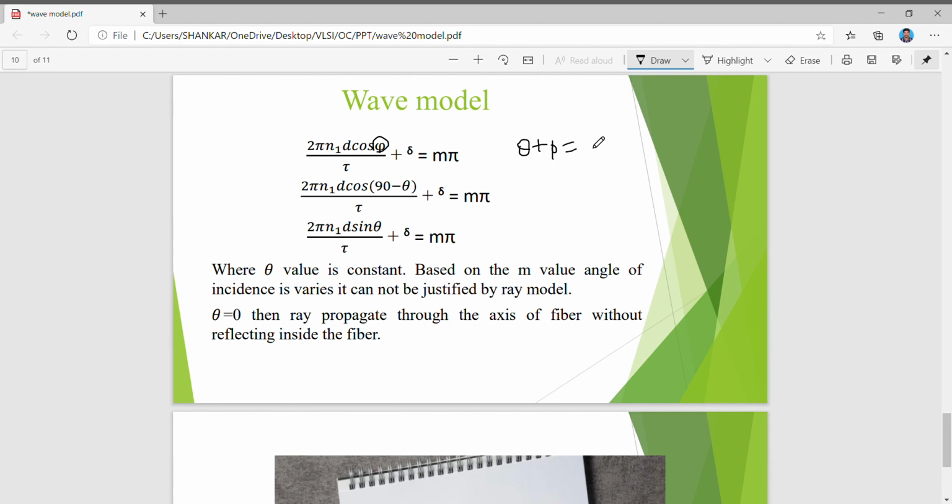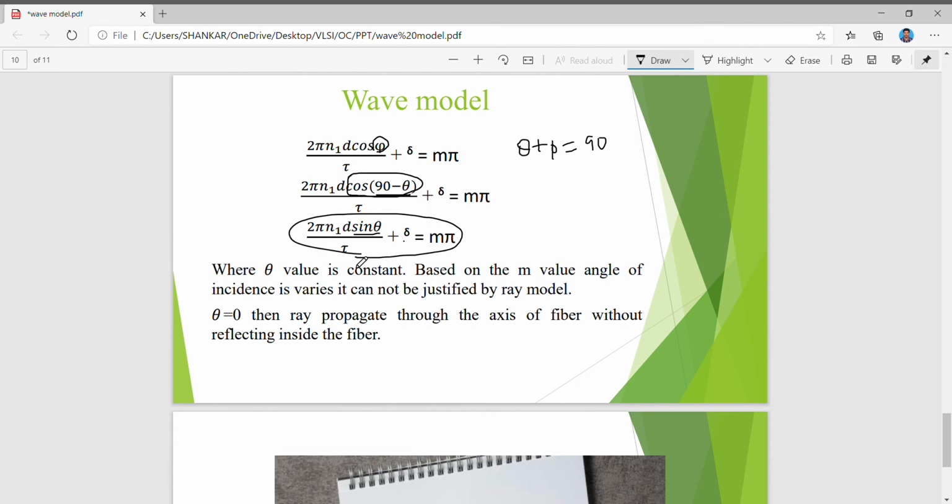So from this we can find the value of phi: phi is equal to 90 minus theta. So cos of 90 minus theta is sin theta. Now 2 pi n1 d sin theta by lambda plus delta is given as m pi.